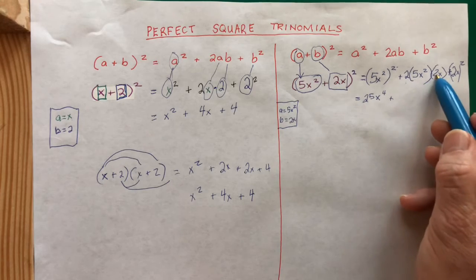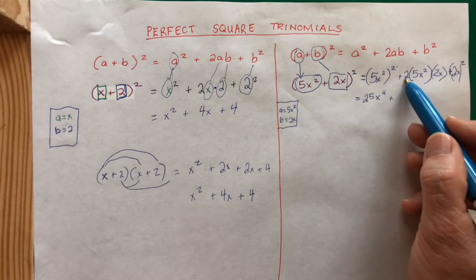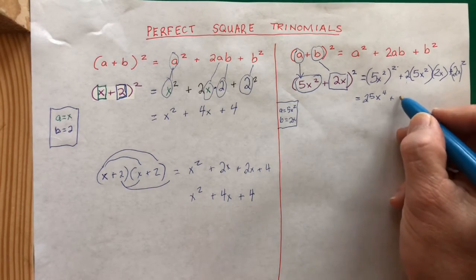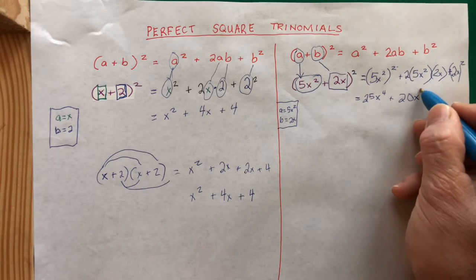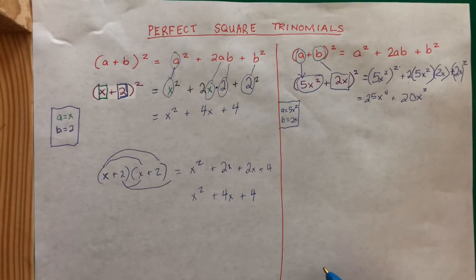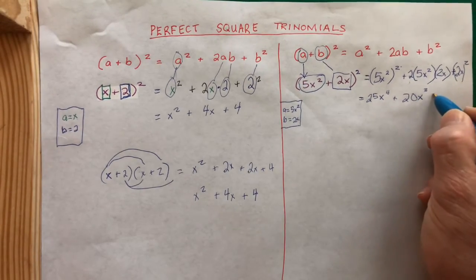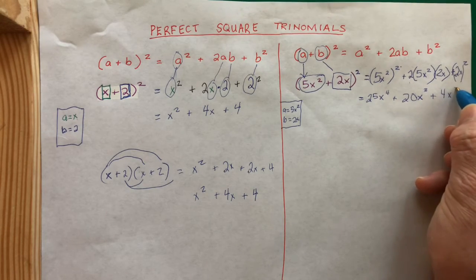Now I'll multiply all my number parts, all my coefficients and constants. 2 times 2 times 5 is going to give me 20. x cubed, because when I multiply, I add the exponents. And then plus 4x squared.